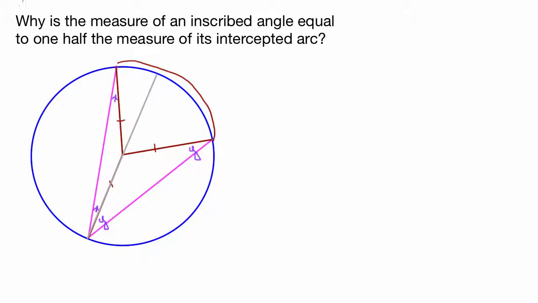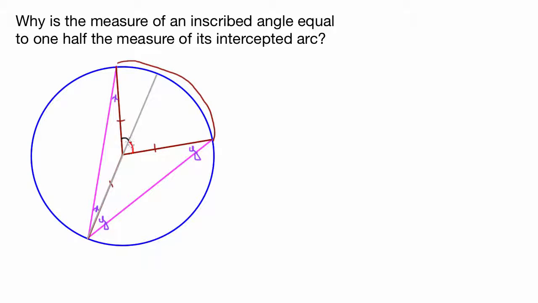Now I know that you might not see it yet, but take a look at this. I'll do it in black here so you can see. I have an angle right here that I've now created, which is part of the central angle, and I have another angle right here that's the other part of the central angle.